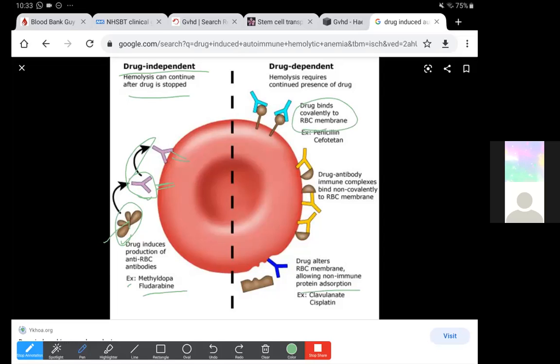For example, penicillin and cefotetan. Cefotetan was so notorious for this reaction that it was even taken off the market. Penicillin, however, continues to be used for a wide variety of disorders and prophylaxis.